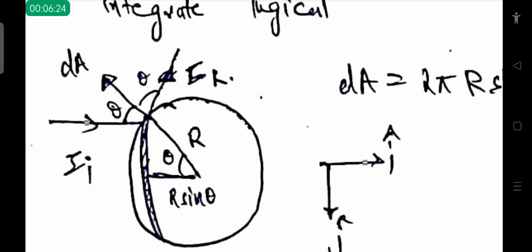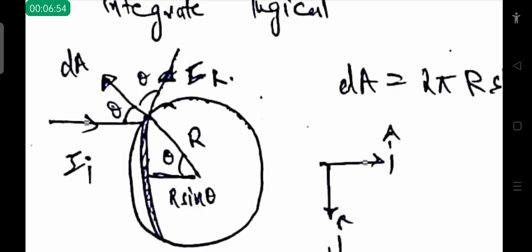Here capital I with subscript i and capital I with subscript r represent the intensity of the initial incident light and of the final reflected light. Both are the same, but I have shown them so you get an idea of what I am trying to represent. Since it is completely reflecting, the sphere is like a mirror ball, so it will follow all laws of reflection.